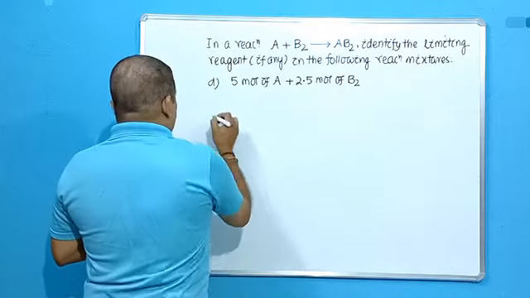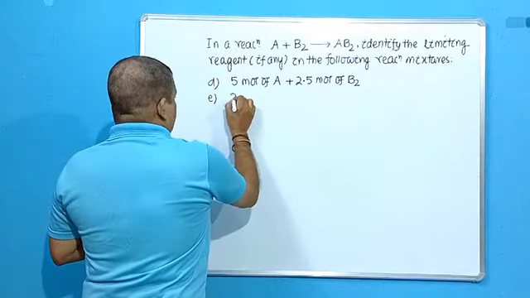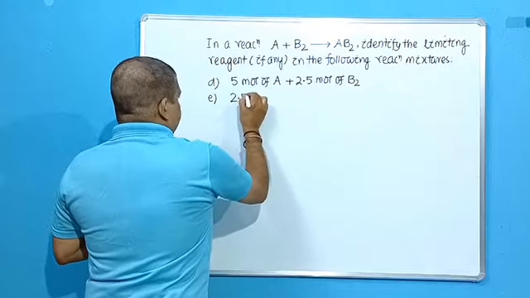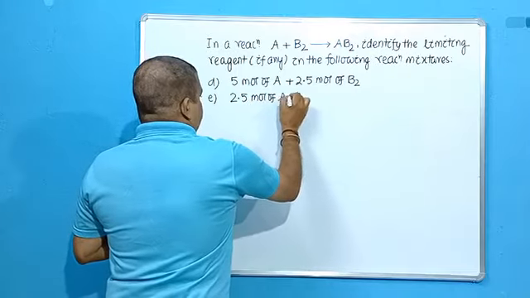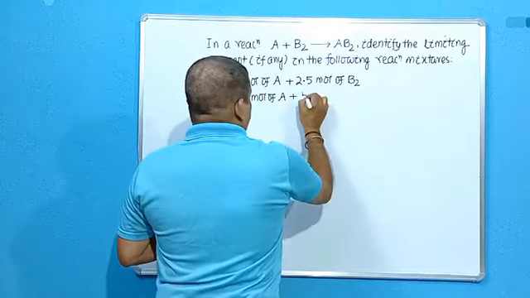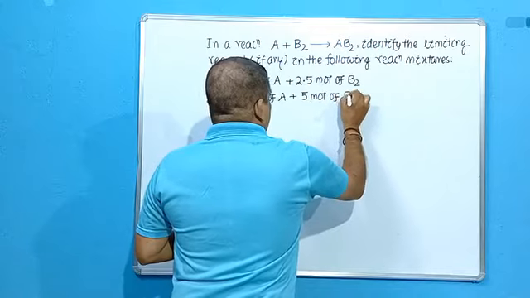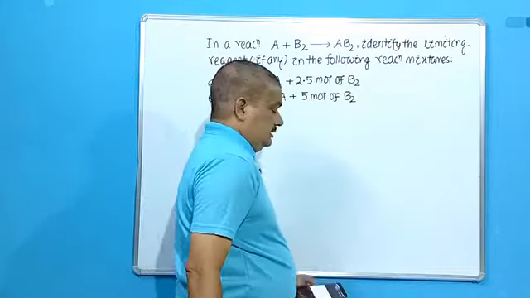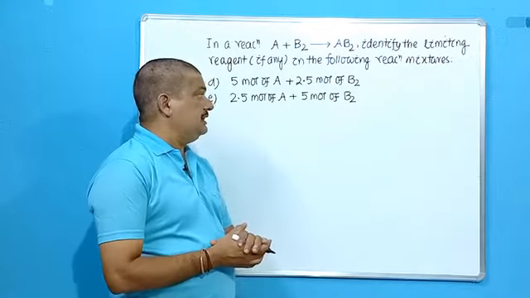Then the last one, E: 2.5 mole of A plus 5 mole of B2. These are the assignments which I had given to you in the last class.